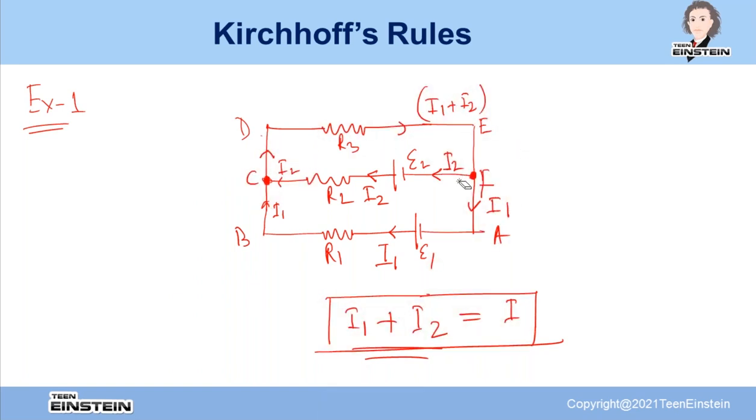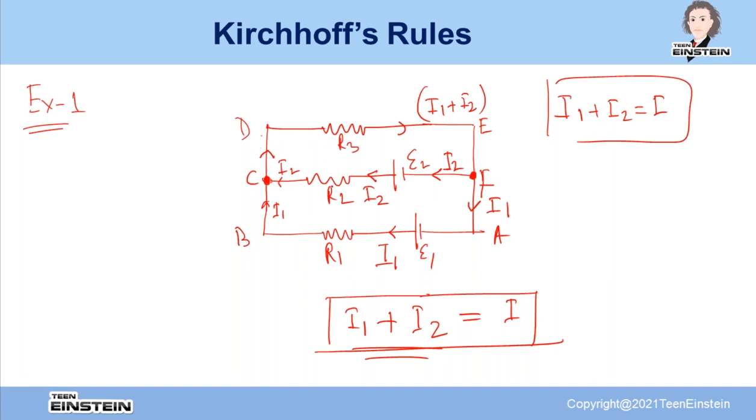Sometimes they may ask you what is the potential drop across R1, R2 or R3. These are the questions you will be asked: what is the current through this branch, that branch, all those things. So this Kirchhoff's current law is not enough to solve the problem, right?